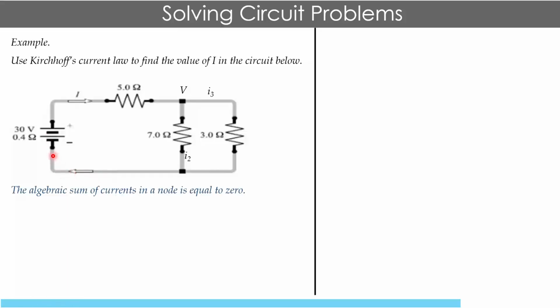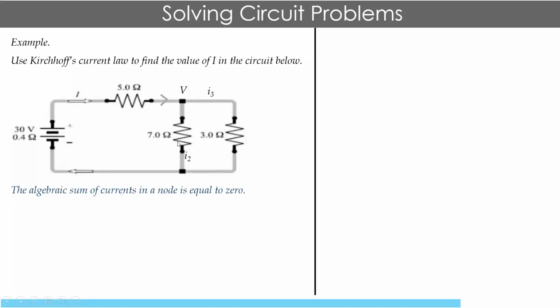This is the direction of the current that they've used, the conventional flow of current that they've given to us. It moves from the positive side of the battery, comes to the 5 ohm resistor, and the 5 ohm resistor and the internal resistance of this battery are in series, and both of them are also in series with the remainder of this circuit.